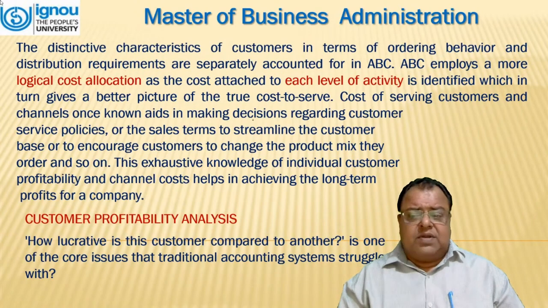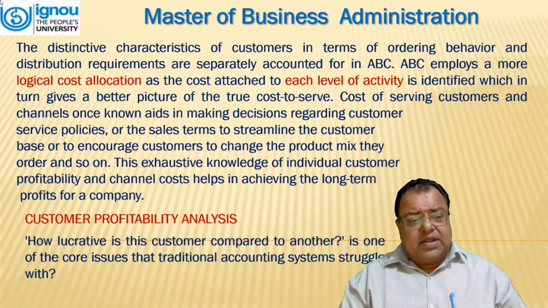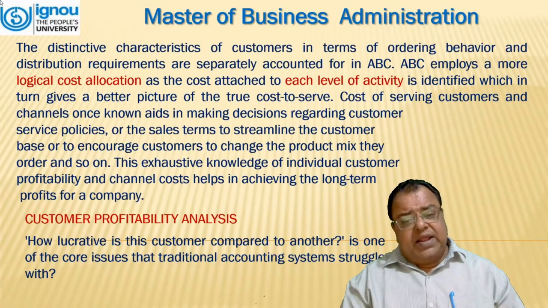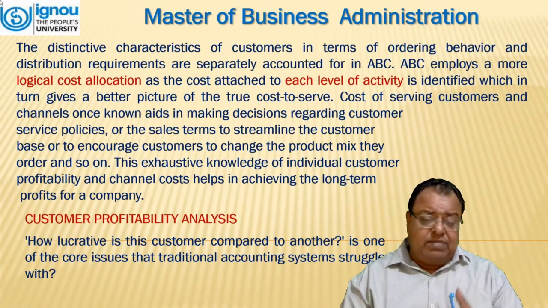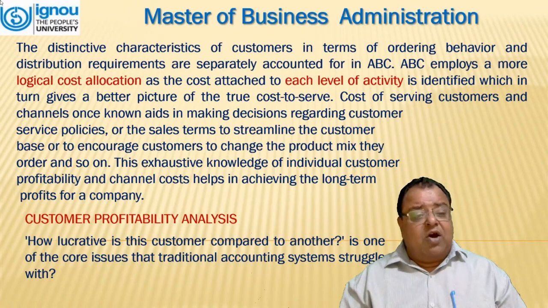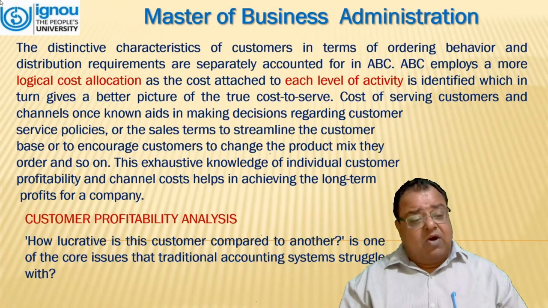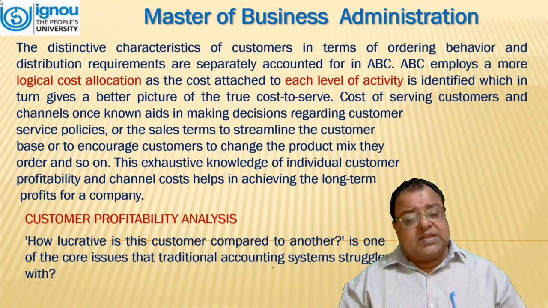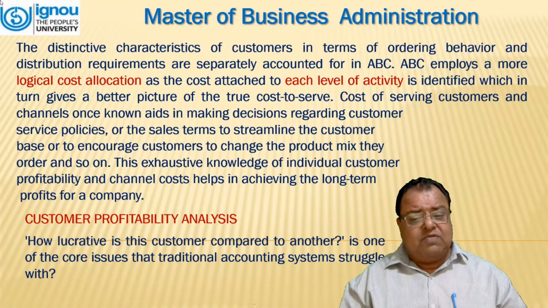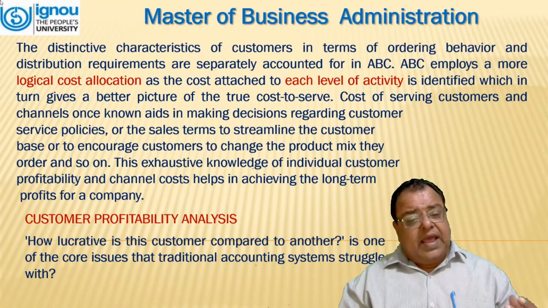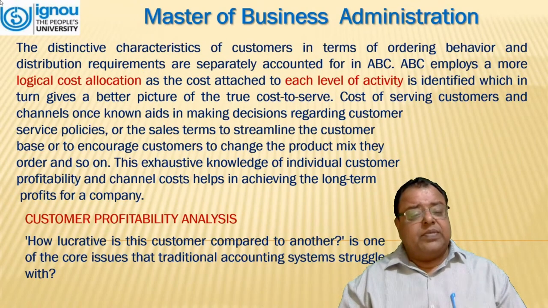Cost of serving customers and channels, once known, aids in making decisions regarding customer service policies or the sales terms to streamline the customer base or to encourage customers to change the product mix they order, and so on. This exhaustive knowledge of individual customer profitability and channel costs helps in achieving long-term profits for a company.